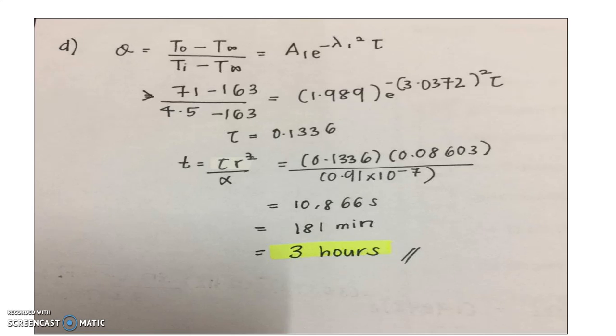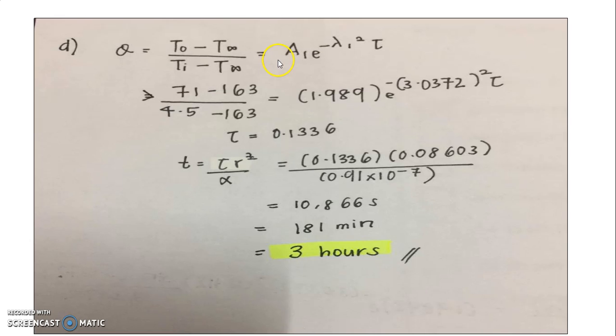Finally, we need to find the time taken for it to be medium cooked. We can use this formula. Theta is equal to (T naught minus T ambient) over (T initial minus T ambient) equal to A e to the negative lambda squared tau.